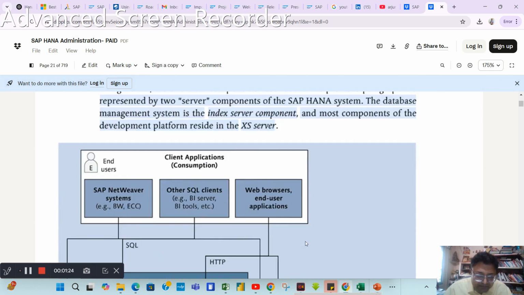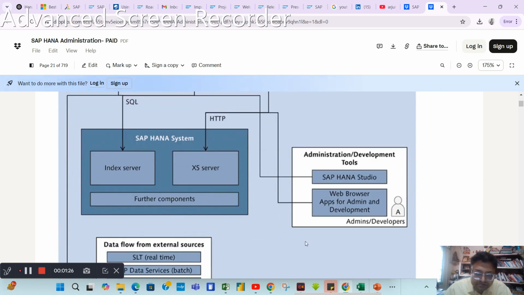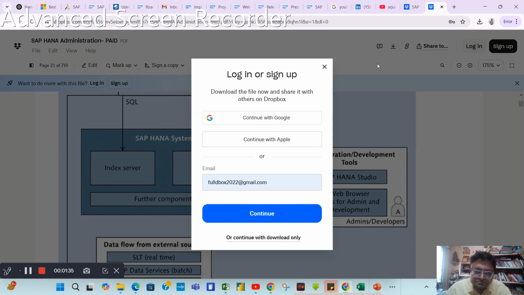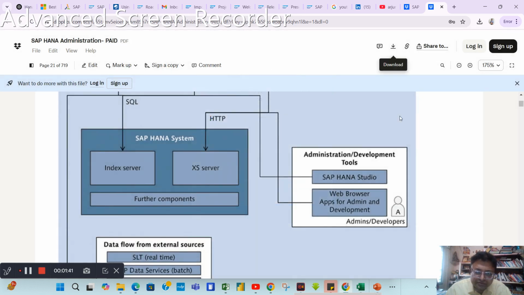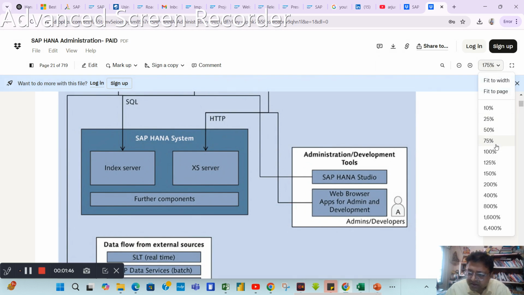Now the diagram. I can download. No, no need to download. I can make it a little smaller.